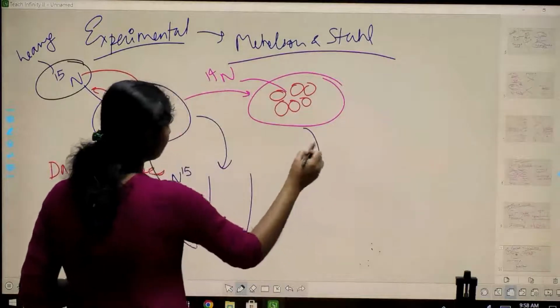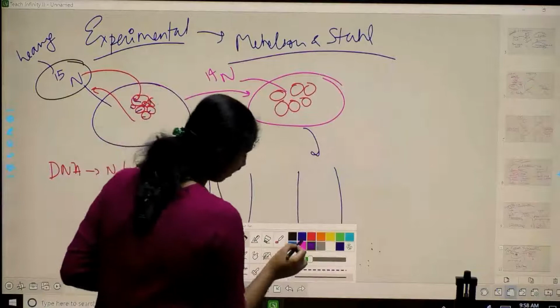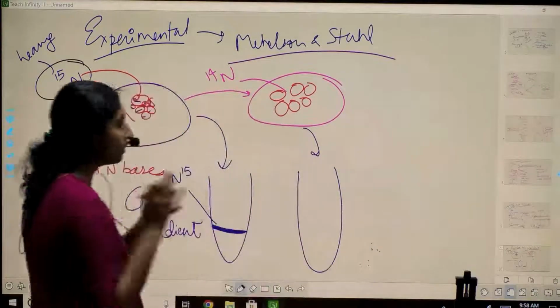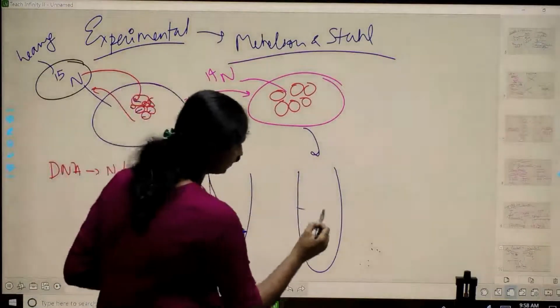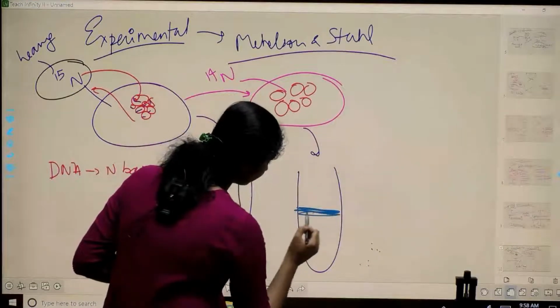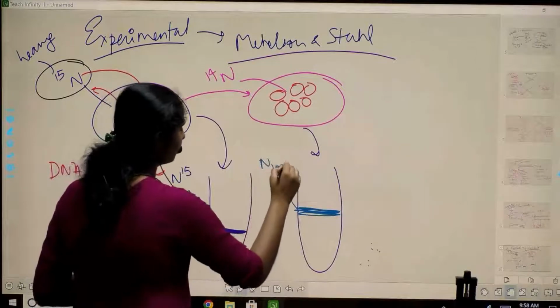On centrifugation, they got a band again. The band they got was lighter than the N15 band. They got a band here. This was the N14, N15 band.